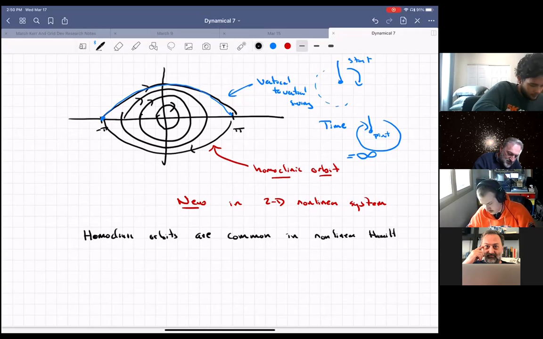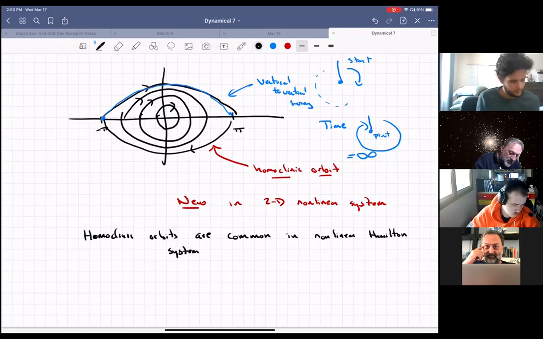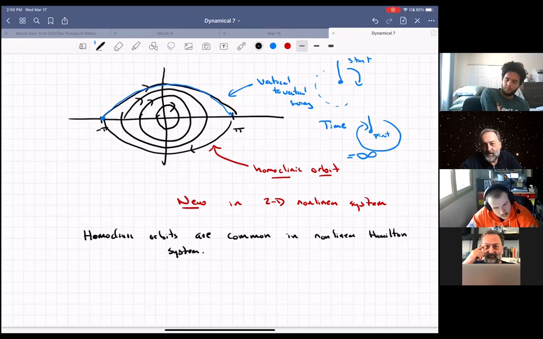So even though we're studying Hamiltonian systems, which in some ways are not the full richness of nonlinear dynamics, there are still other interesting things in them. Homoclinic orbits, for example, are a common thing that can show up in nonlinear Hamiltonian systems.